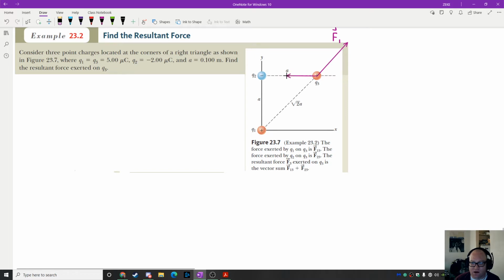So I don't know what the answer is actually going to be, but these two vectors might be about the same size. I know that F1, if they were the same values, would be half as big, because it's √2 A away. And Q2 is 2/5. They really are going to be really close. I think this one's going to be smaller than this. We'll make it a little bit smaller. I don't even know if that is smaller, because I'm just eyeballing it, but we'll call that one F2.